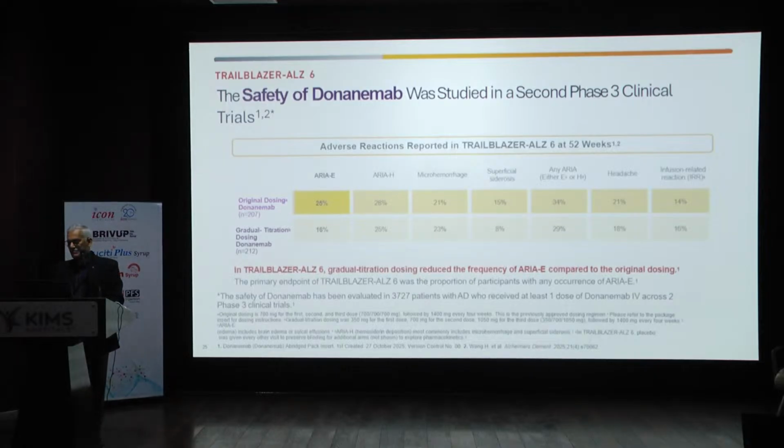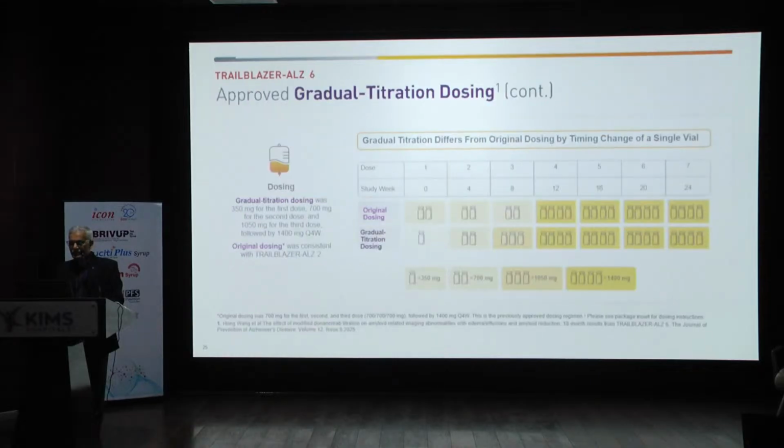They manipulated this and did another study called TRAILBLAZER-ALZ 6, where they showed a significant reduction in the adverse events of ARIA-E as well as ARIA-H. In the initial infusion, they give 300 milligrams, then 700 milligrams in the first month, 700 milligrams in the second month, then the third month, and from the fourth month onward they give the full dose of 1400 milligrams for the rest of the 18 months.